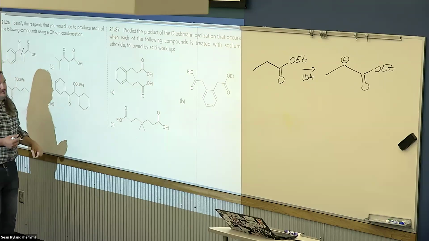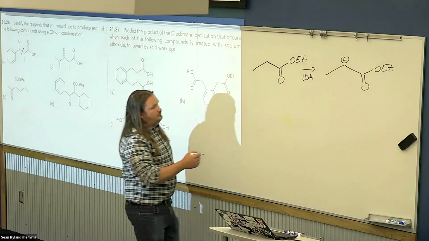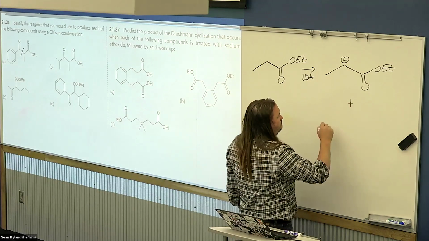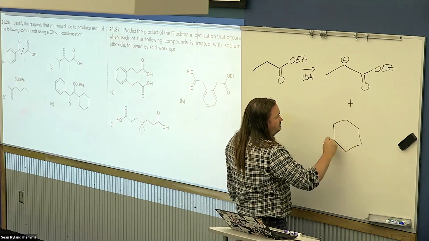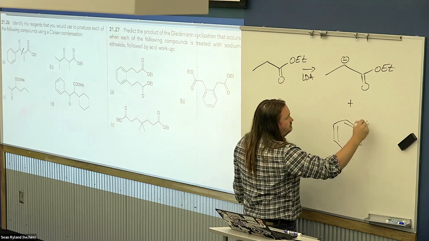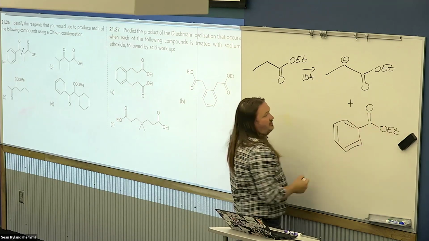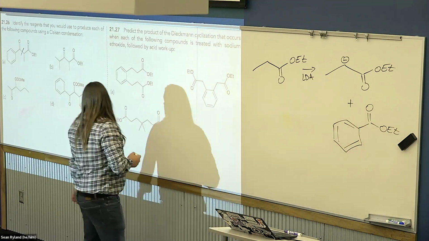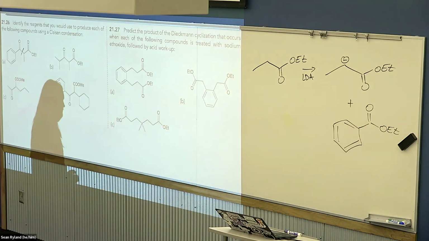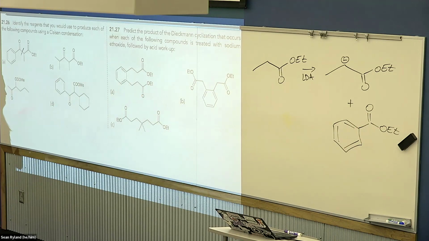So ethyl benzoate. The alpha carbon from the first molecule reacts with the carbonyl carbon of the second. We get our Claisen condensation.